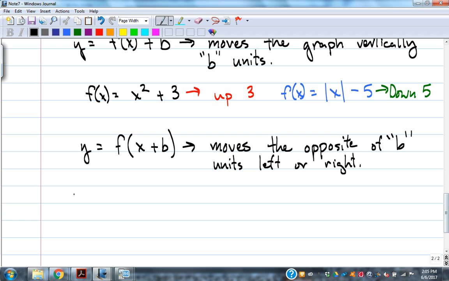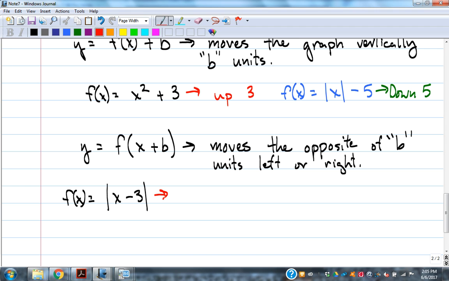For example, if we had f of x is equal to the absolute value of x minus 3, you would think the minus would move it to the left, but it's the opposite because it's inside.